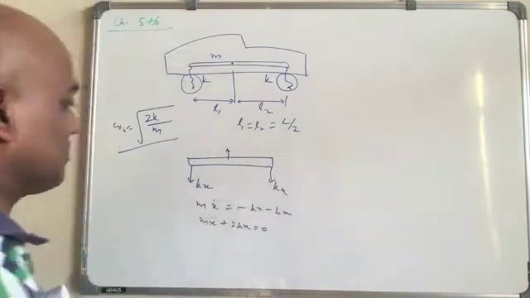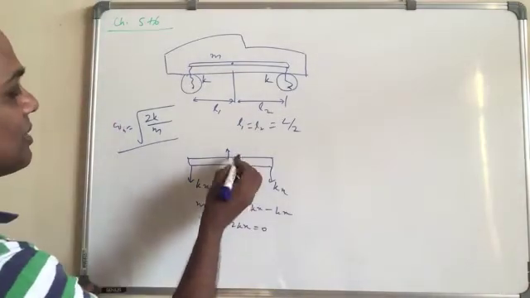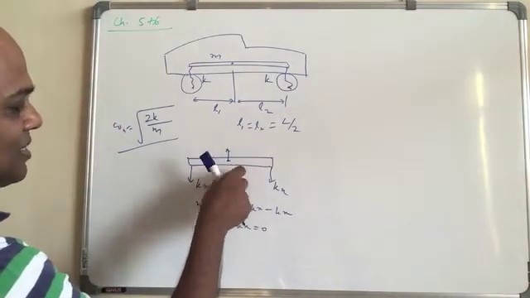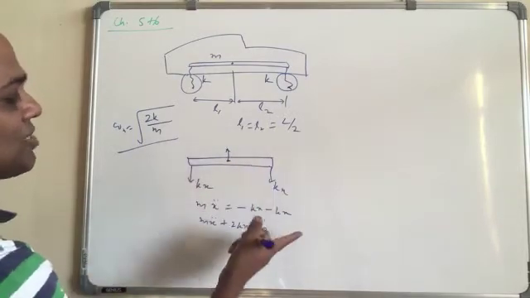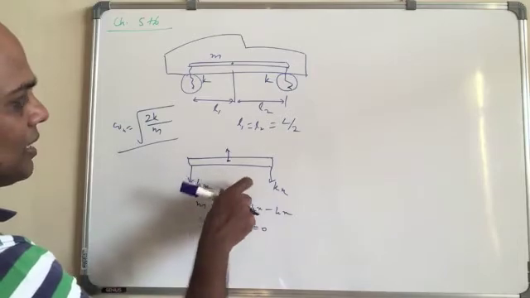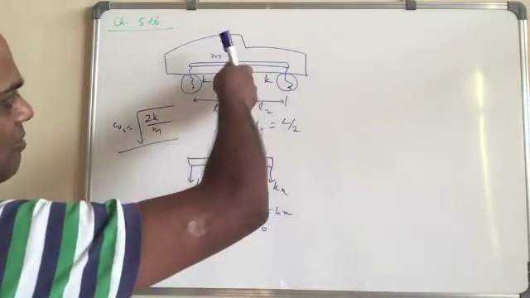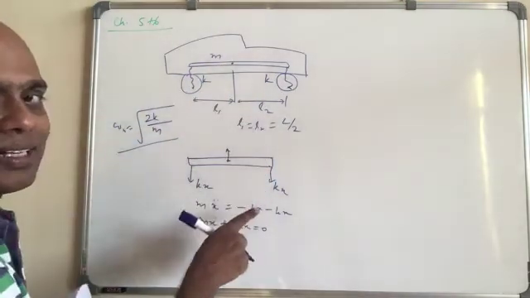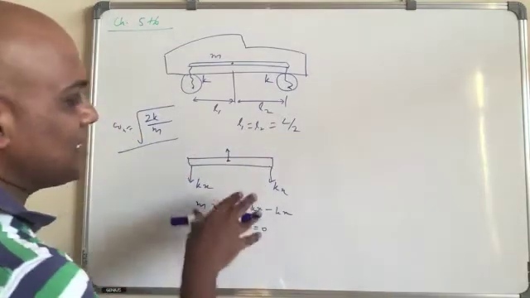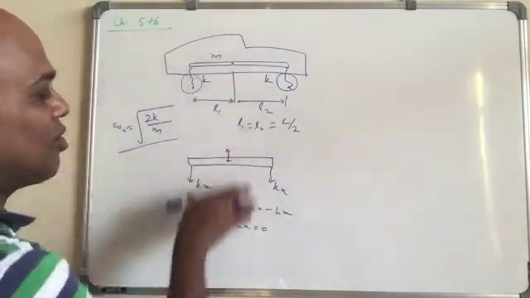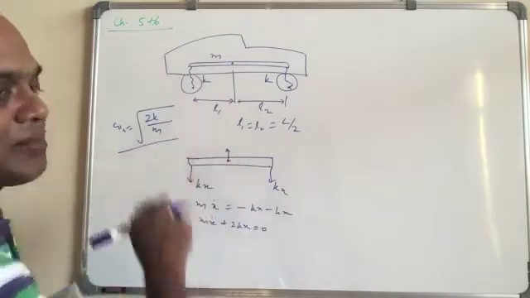Do you get any moment here? There is no moment. If you take moments from here, both are balanced automatically. Hence, the second mode is not interfering here. The moment is not coming because there is no torque produced, and hence this mode of vibration will go on. It will never go this way.